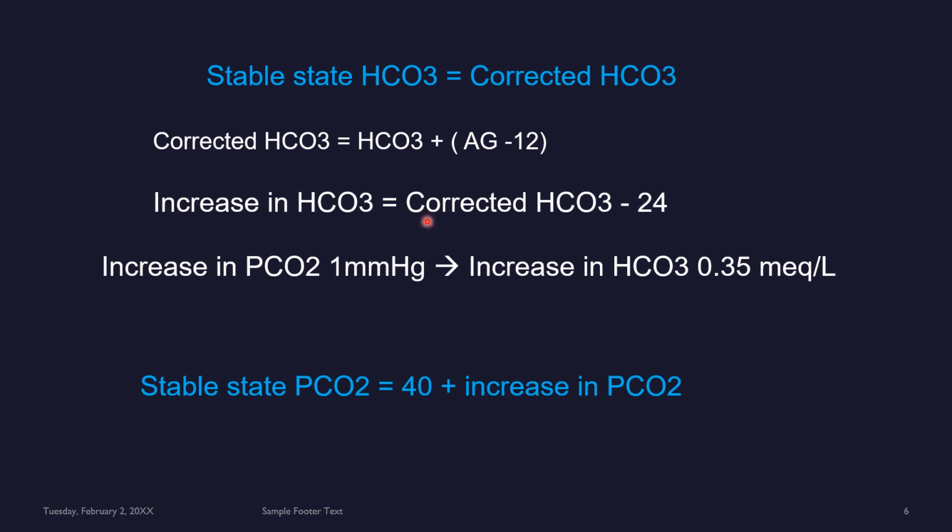So this will give me the increase in the partial pressure of carbon dioxide. So the stable state of partial pressure of carbon dioxide will be 40 plus the increase in the partial pressure of carbon dioxide, and this will be my target in ventilating the patient.